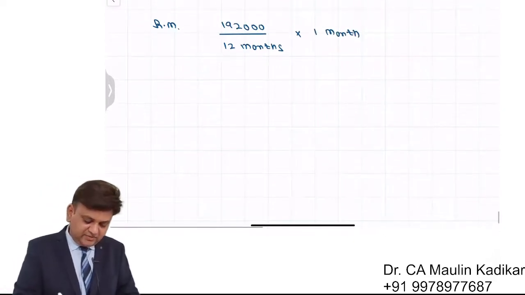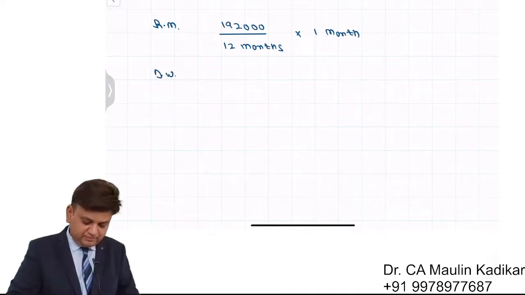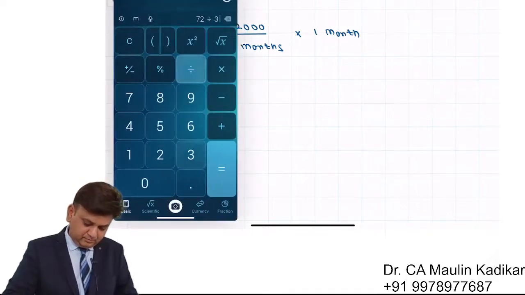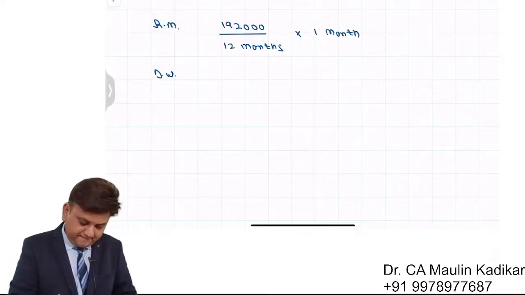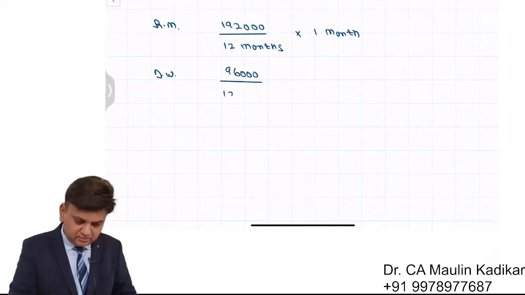Next, direct wages, an amount of 96,000 divided by 12 months into 1 month.